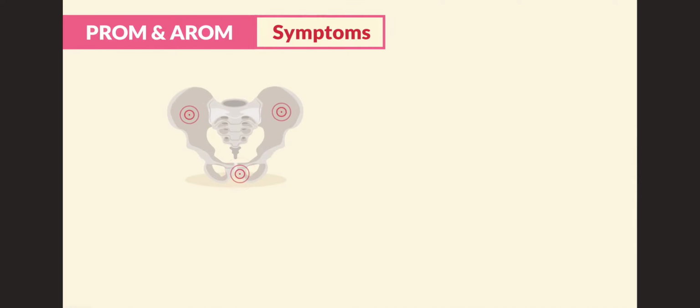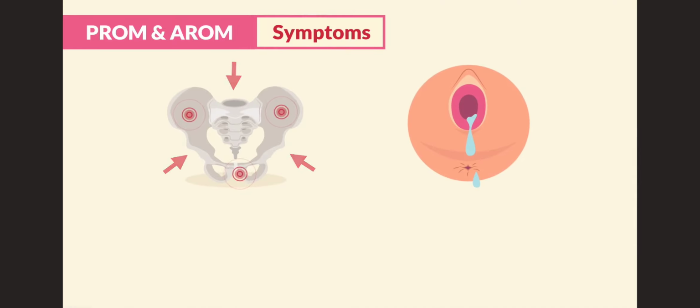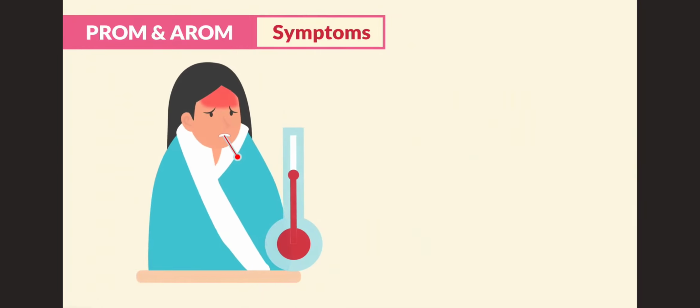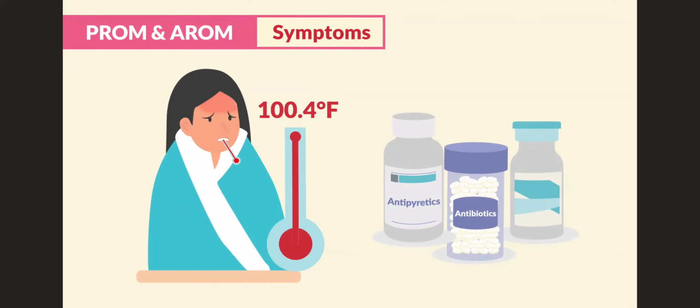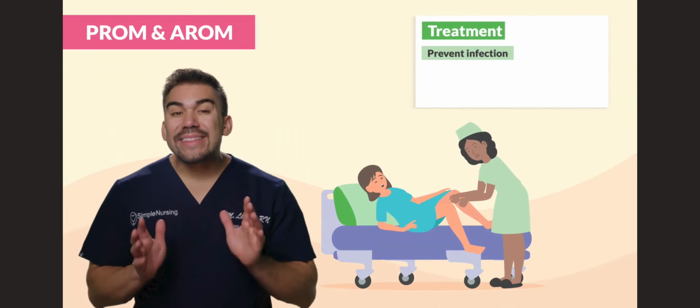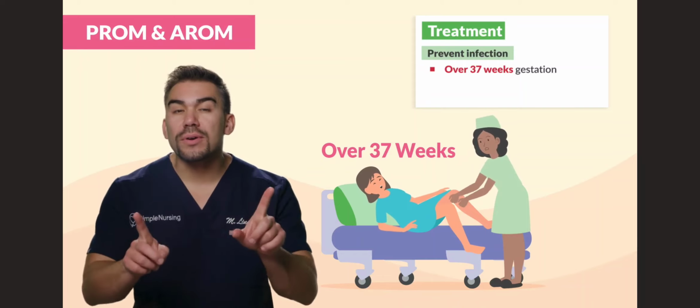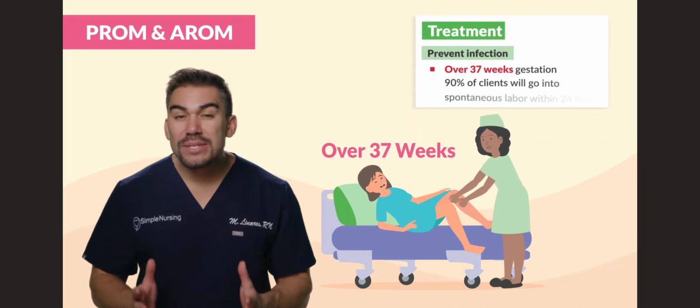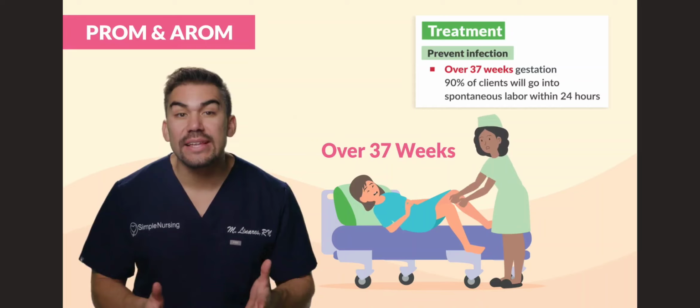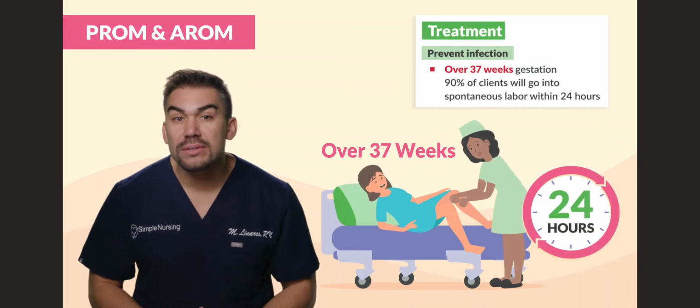Now switching gears to symptoms, we see pelvic pressure, small leakage of fluid or even a steady flow, as well as pink discharge, and temperature is critical. If mom has a fever, we will treat with antibiotics and even antipyretics for sure. Now, if the water breaks and the client is over 37 weeks gestation, the key term there is over 37 weeks. 90% of clients will go into spontaneous labor within 24 hours.